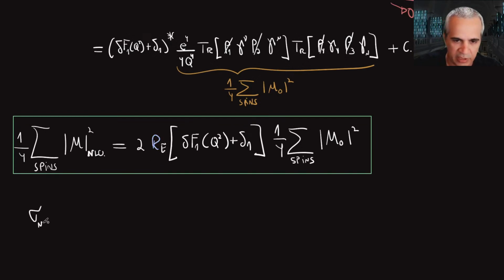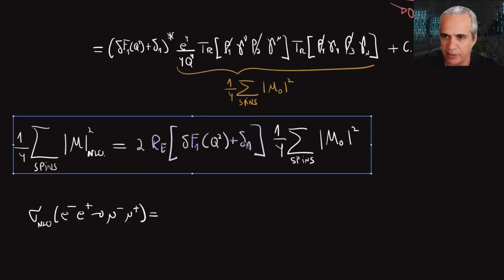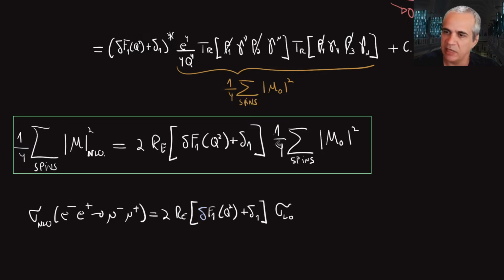order cross section, right, of e minus e plus going to mu minus mu plus, as twice the real part of delta F1 of Q squared plus counter term times the leading order cross section, which will come once I do the phase space integration with this element, right?